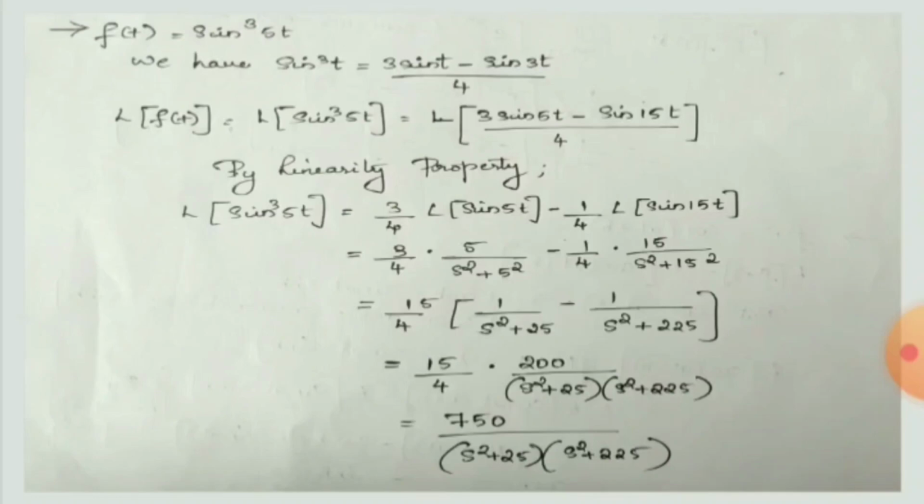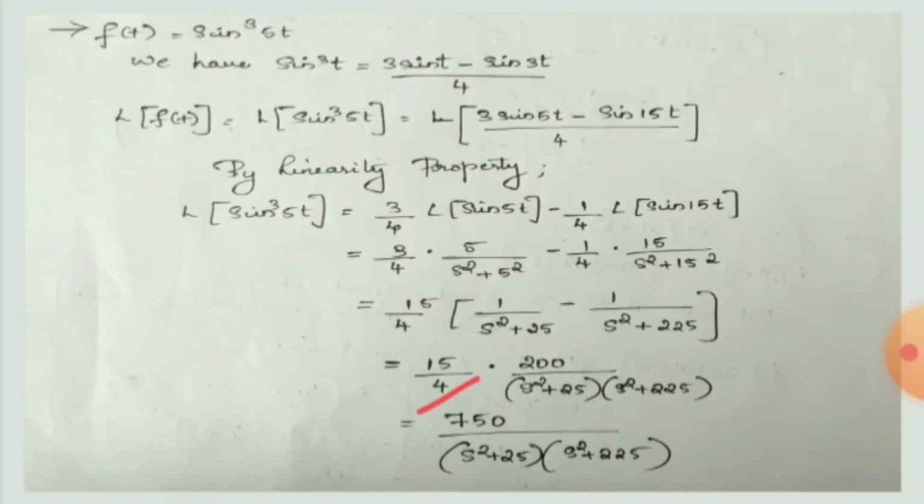Then it becomes equal to, we'll take this 15 by 4 outside, it's common. So 15 by 4 into 1 by s square plus 25 minus 1 by s square plus 225, because 5 square is 25 and 15 square is 225. Then it becomes equal to 15 by 4 into this bracket. When we solve this, we'll get 200 by s square plus 25 into s square plus 225.